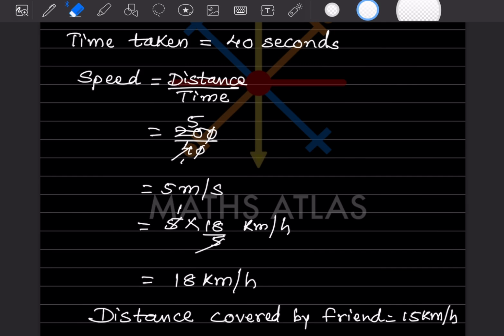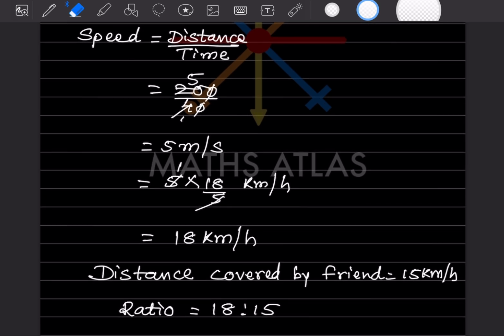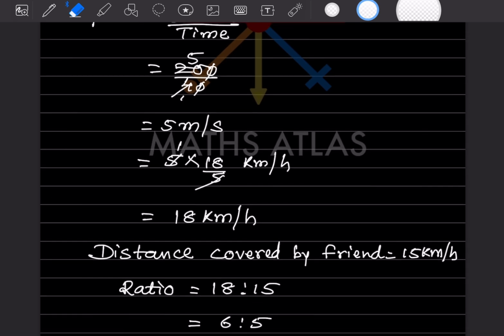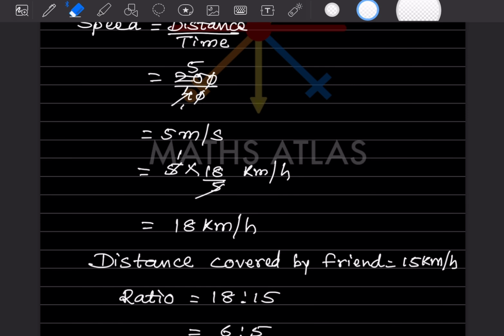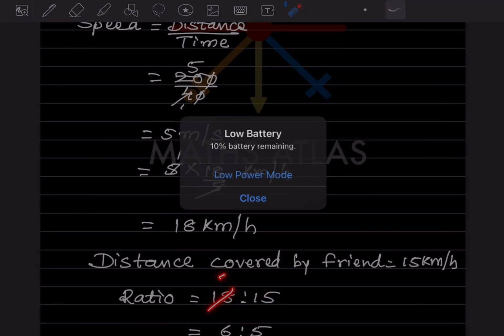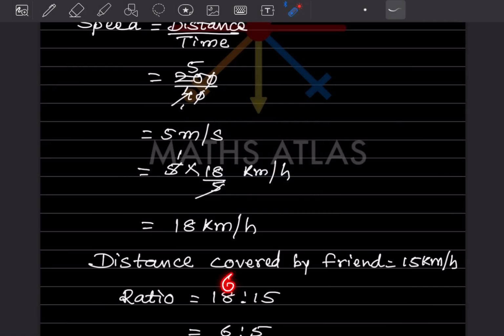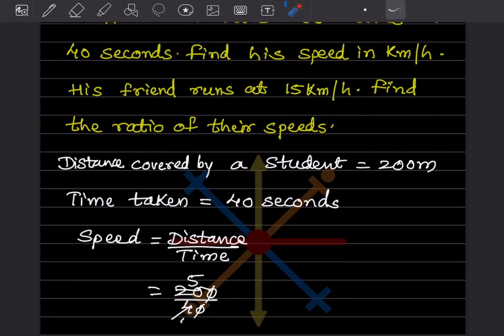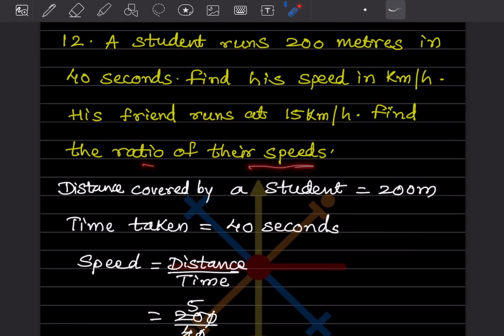So the ratio will be 18 is to 15, and when you simplify that, 3 sixes are 18 and 3 fives are 15, so that is going to be 6 is to 5. That is the ratio they have asked.